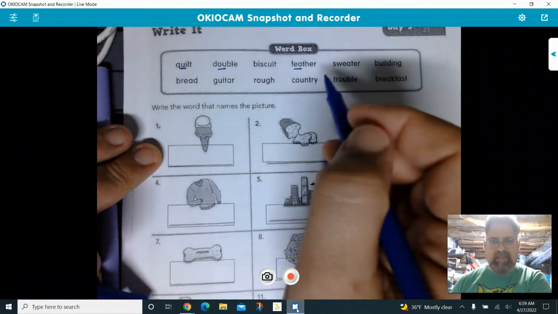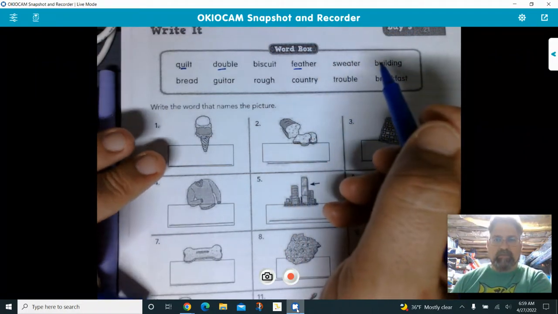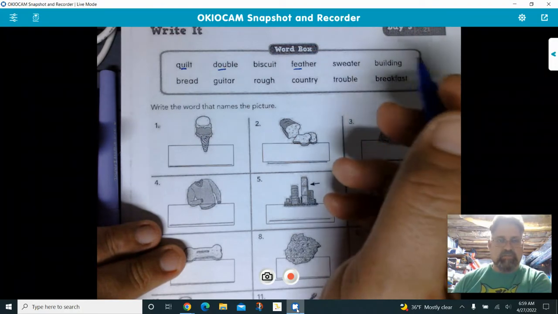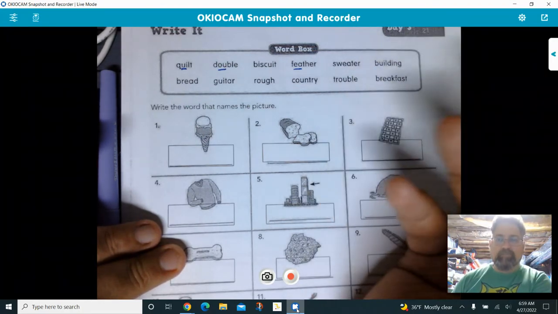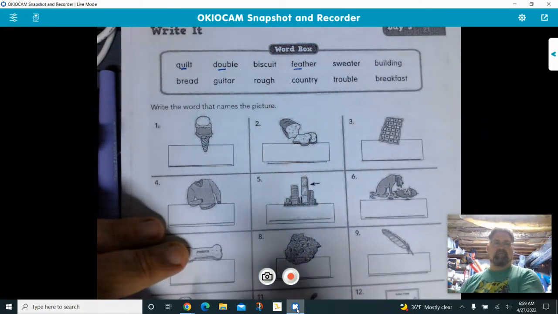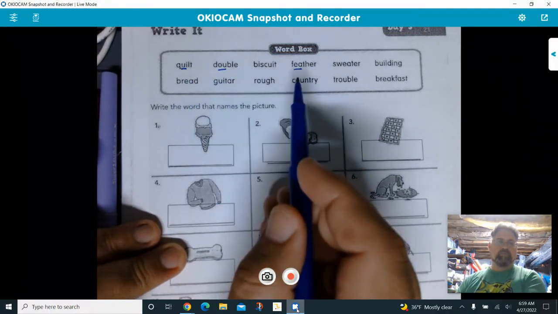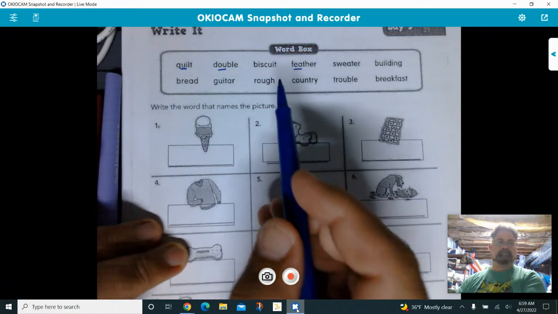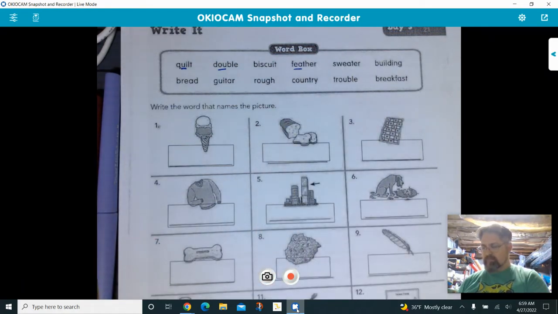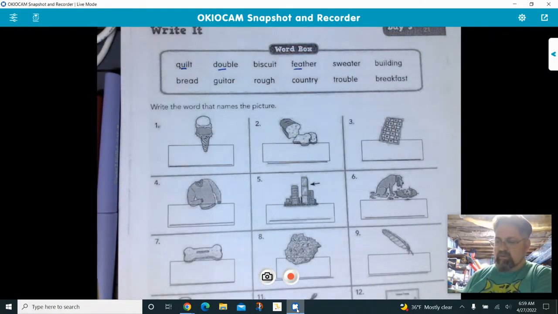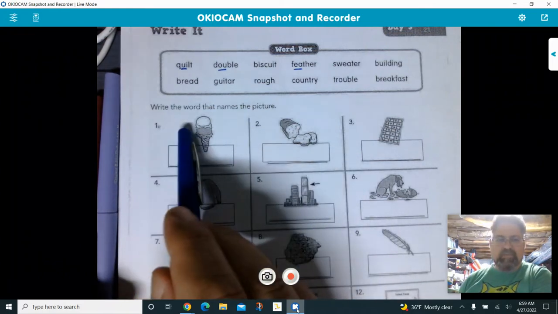I thought we had EA like eagle, each, and eat, but apparently we don't have those. We just have the UI, OU, and EA like eh. Okay. So write the word that names the picture.